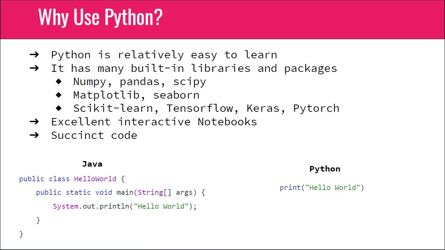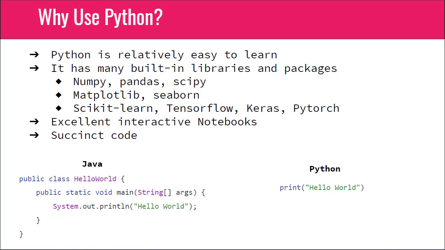Second major reason is that it comes with many built-in packages and libraries that we can simply import and use in our code. There are packages for scientific computing like NumPy, Pandas, and SciPy. There are plotting libraries like Matplotlib and Seaborn.